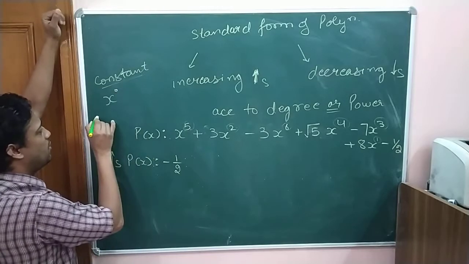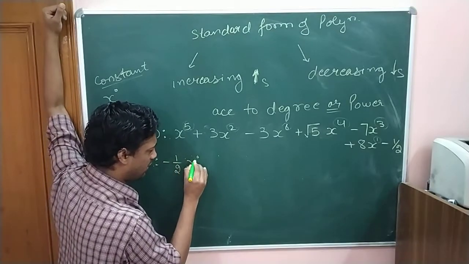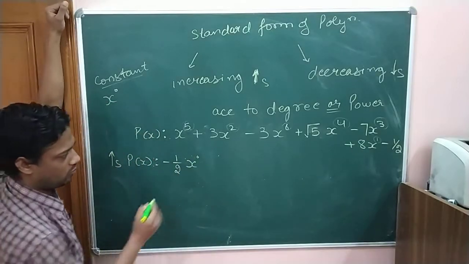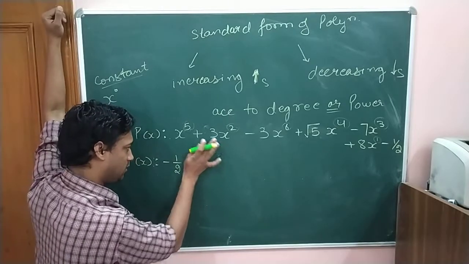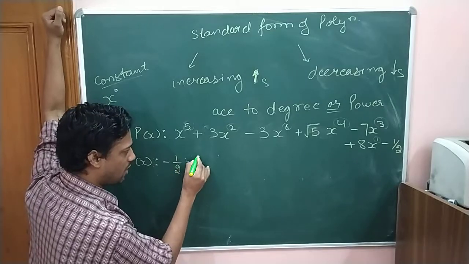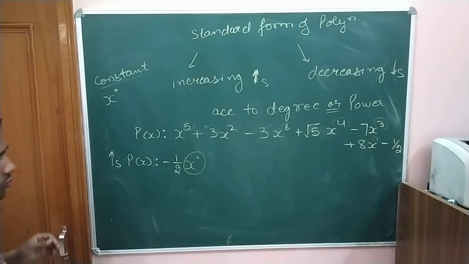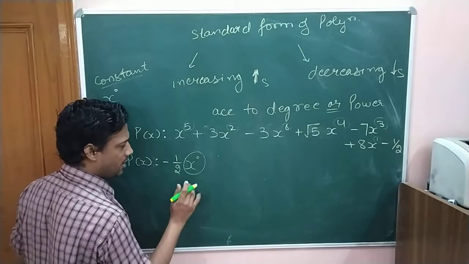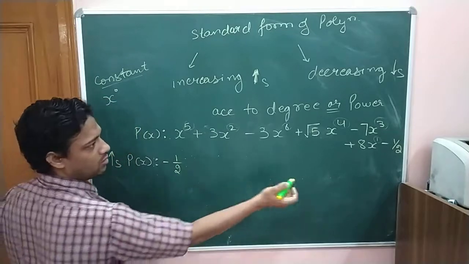The constant, suppose it is -1/2, by default contains the variable with power 0. You need not write this. Clear? So the smallest power is 0 with a constant.